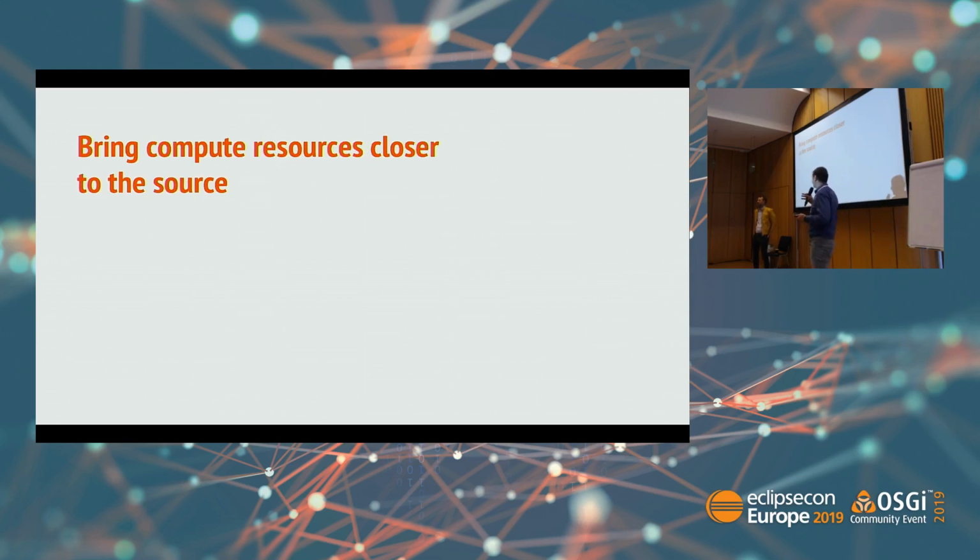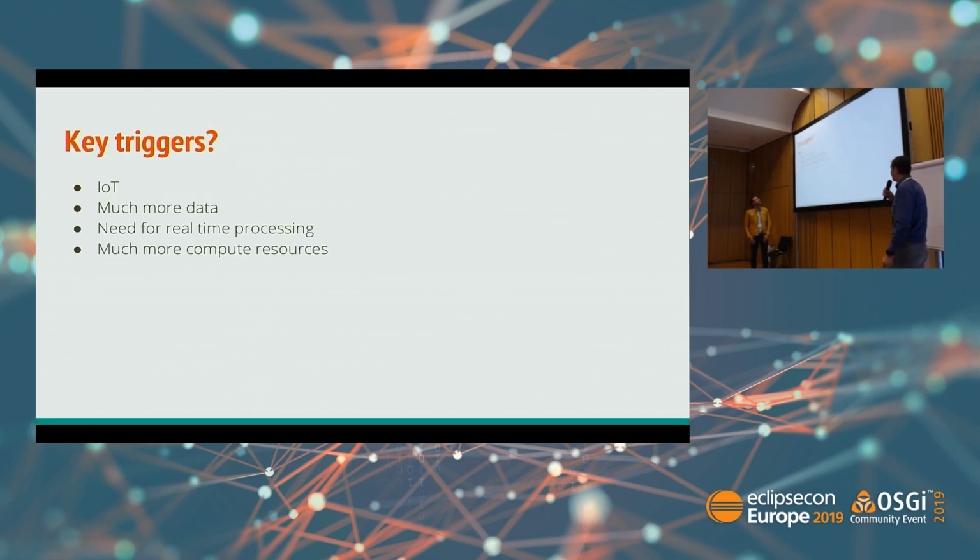The main idea is that we want to bring our compute resources, so our CPUs, our storage, and everything, as close to the data sources as possible. Those data sources could be users, could be devices, could be anything. But we want to bring our resources closer to the source of the information, and to the actuators that need to do something with the actual process of that data, right?